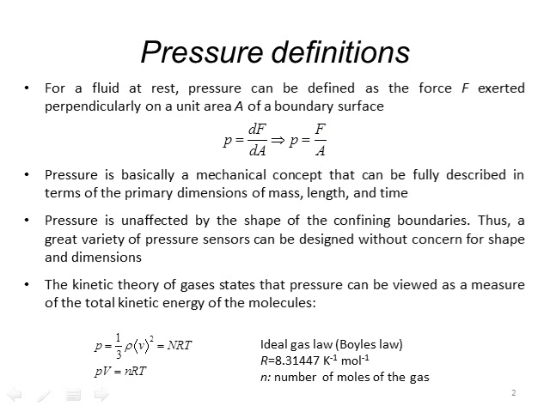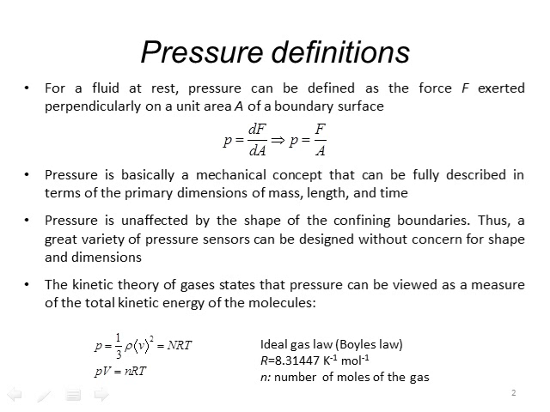First, I will make some definitions, pressure definitions. For a fluid at rest, pressure can be defined as the force exerted perpendicularly on a unit area of a boundary surface. So we know that pressure in general can be defined as force per unit area. Therefore, its units are going to be force per unit area, Newton per meter square in SI units.